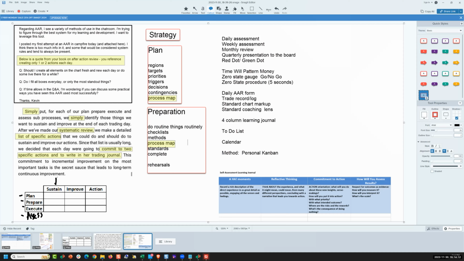And what we're going to do is check our procedures and our methods for each one of these things.